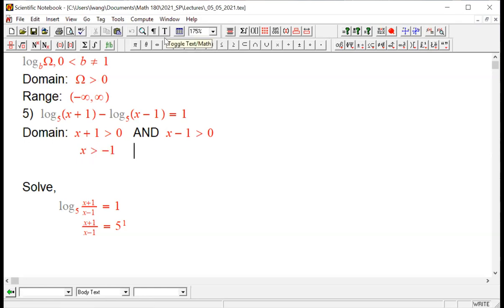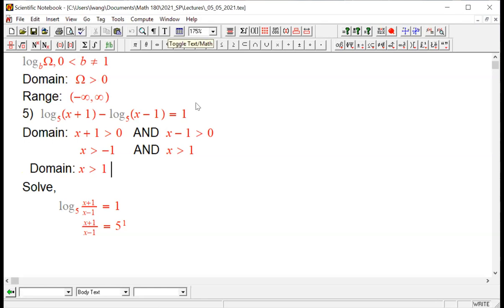And the other one would be x is larger than 1. Combine these two, what is the final answer? What domain? That will be x greater than 1, right? Got it? Yeah?